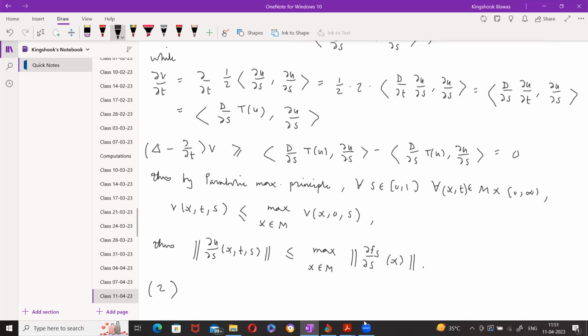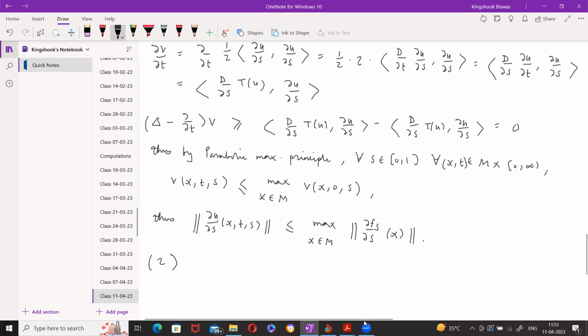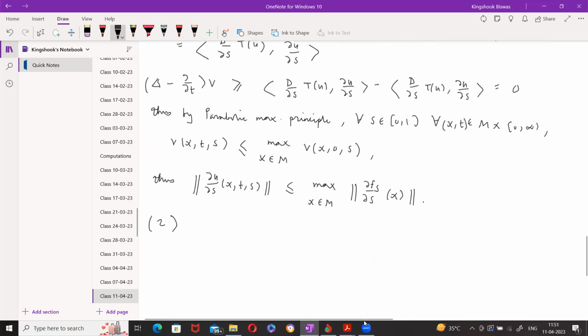All right. So part 2 follows easily from part 1. For any x in M, we can look at the curve s in [0,1] maps to u(x,t,s).